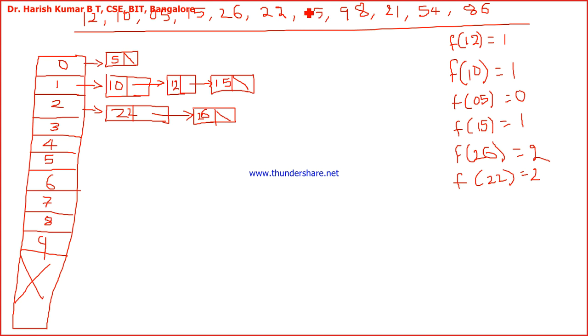Next is 55. F of 55 is 5. Okay, so it gets attached here. So 55 and this is null.